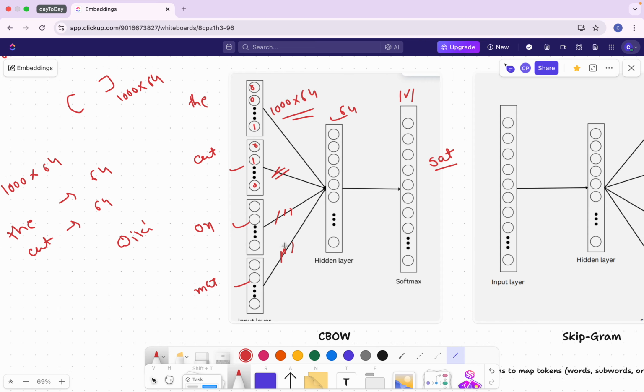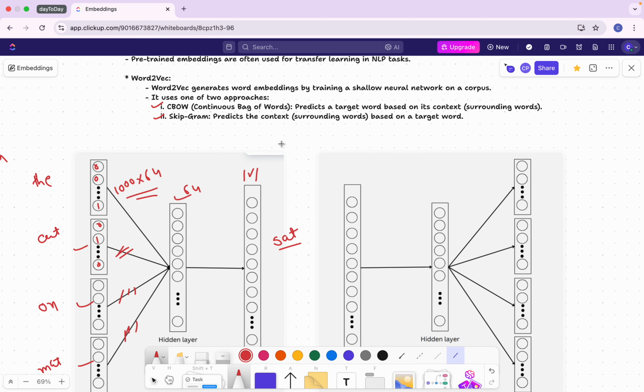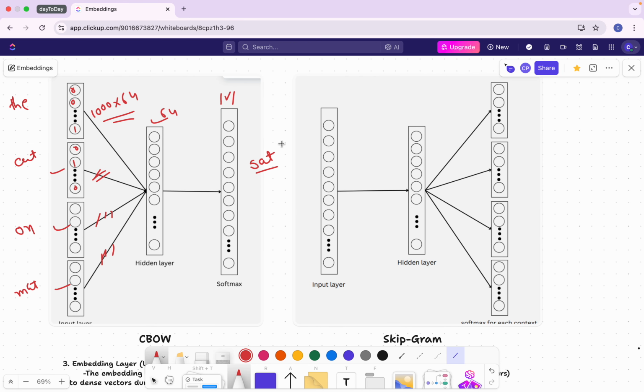And second, there is another thing which is called skipgram. In skipgram, we are doing the reverse thing. From the target word, we will try to predict context words. So you will provide a one hot encoding of any one word.